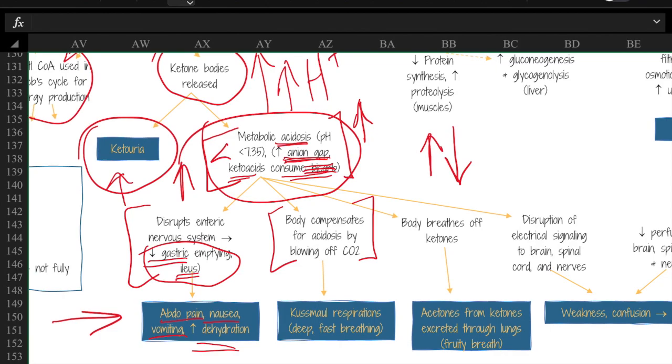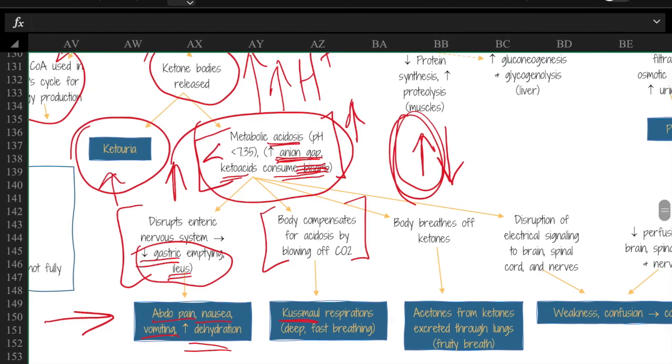It wants to get as much oxygen in and as much carbon dioxide out as possible, because that carbon dioxide is going to increase that carbonic acid that's causing or increasing the acidosis. And this is why we have Kussmaul respirations in DKA but not in HHS.